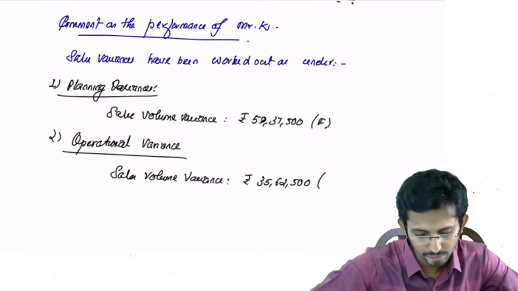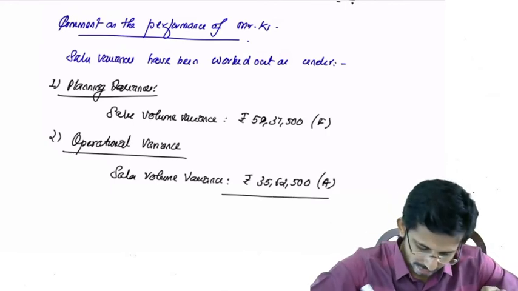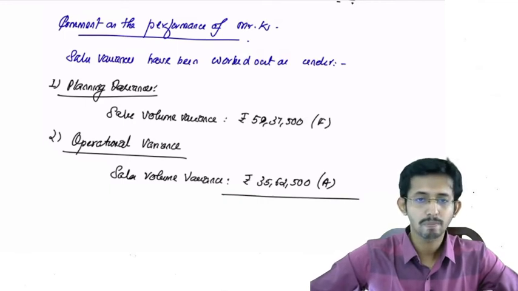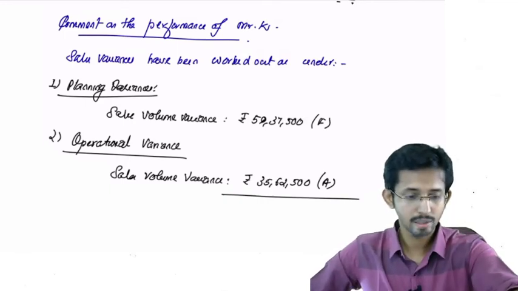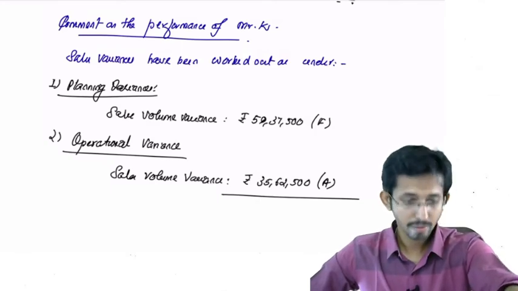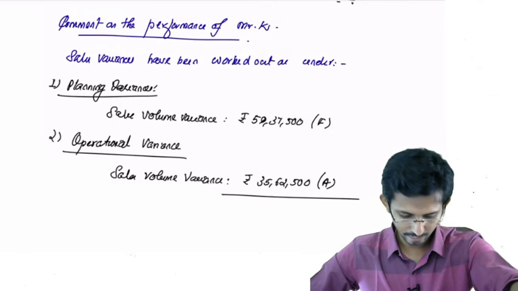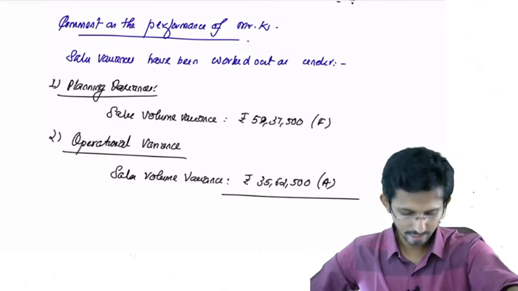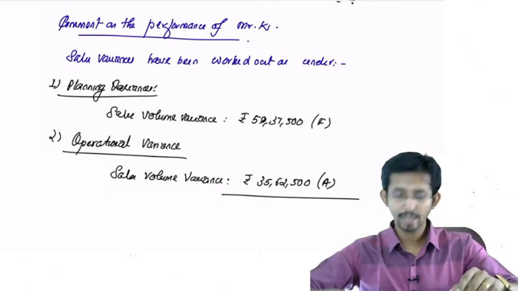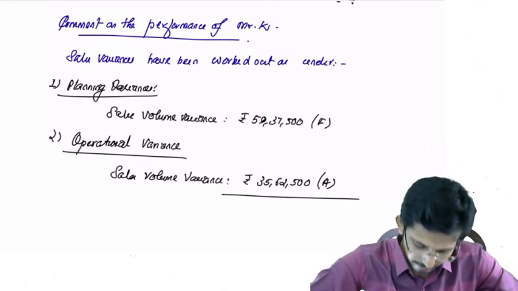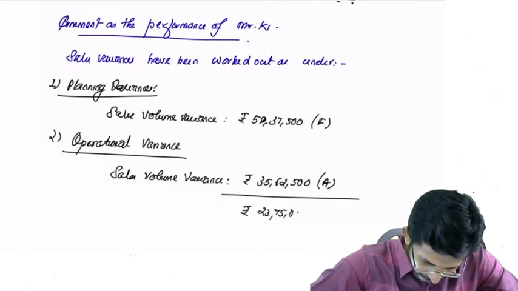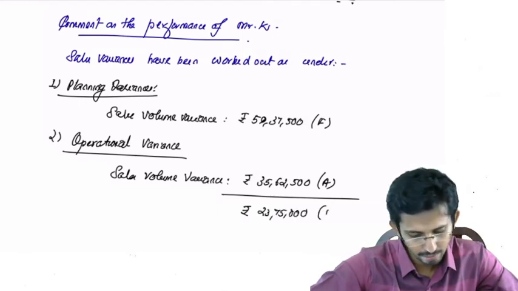Is it favorable or adverse? It is adverse. So what is the net variance? Net variance is the difference between these two. So that is 59 lakh 37,500 minus 35 lakh 62,500. So that is 23 lakh 75,000 net favorable.